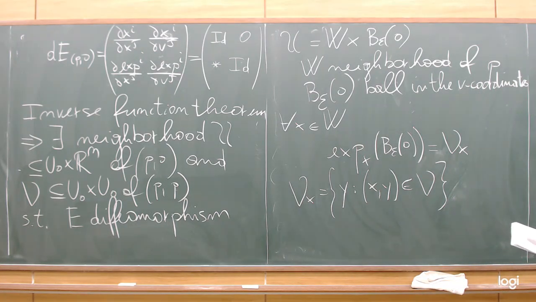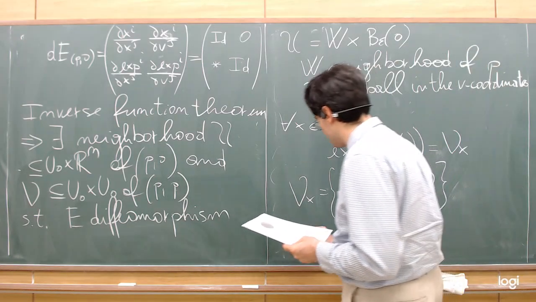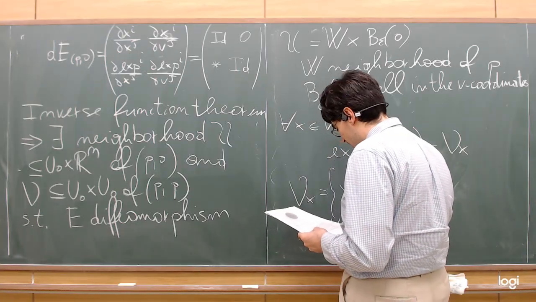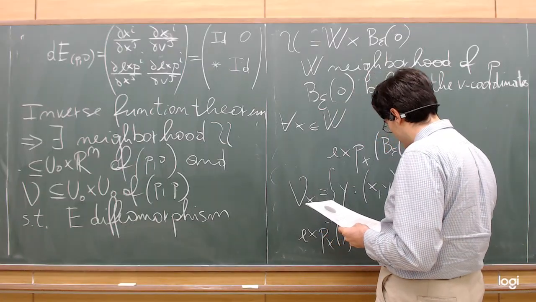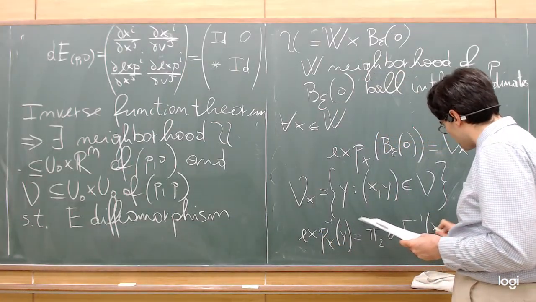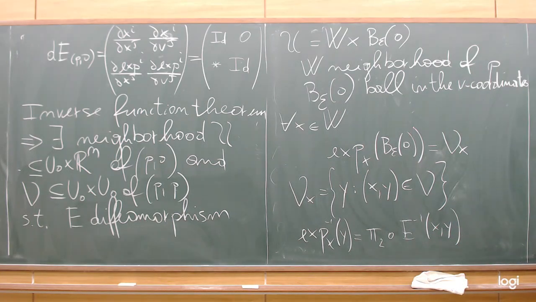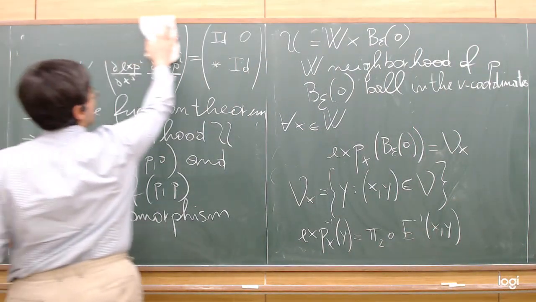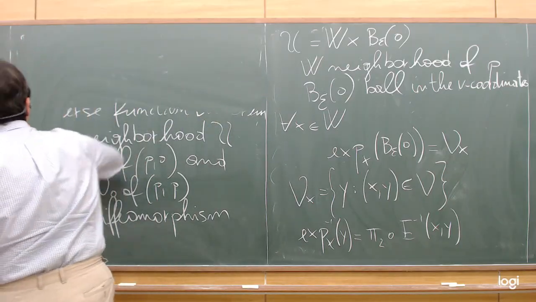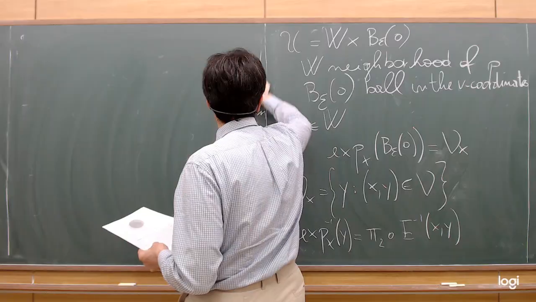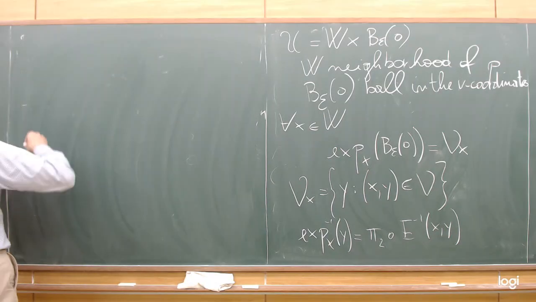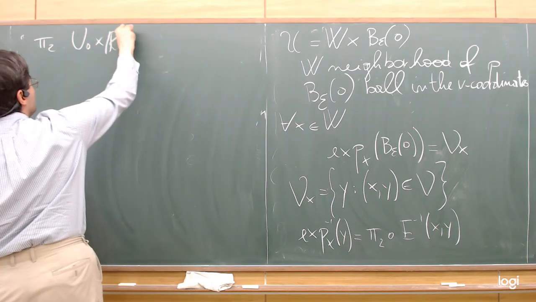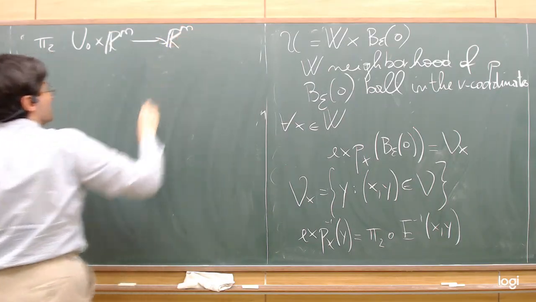It is clear that it is smooth. Instead, its inverse is given by this formula, pi_2 composed with the inverse of E at (x, y), where pi_2 is simply the projection from U0 times R^n onto R^n.